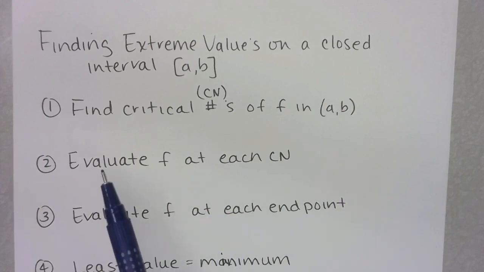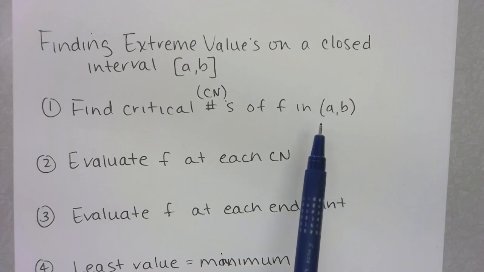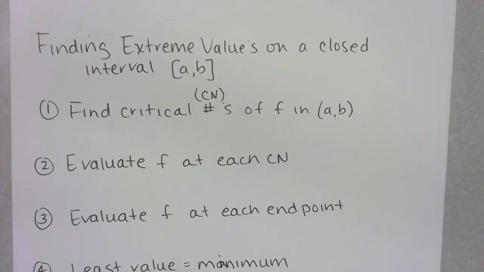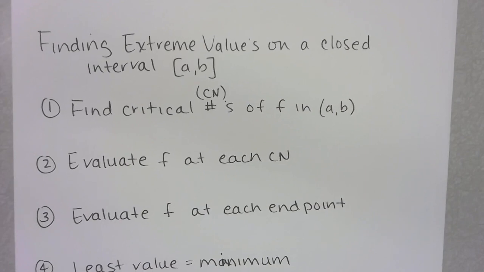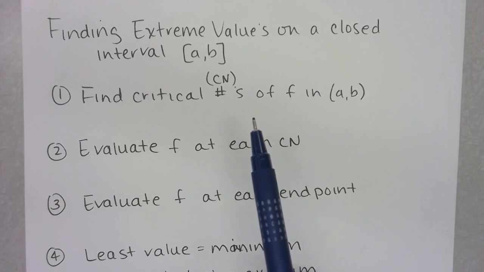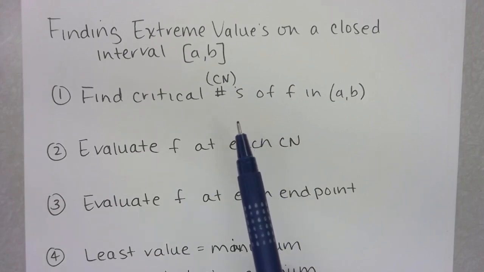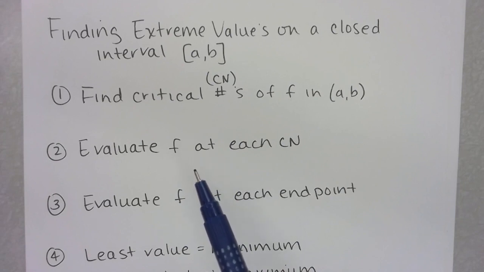Okay, so what we do first is we find the critical numbers of f in [a, b], meaning I'm going to find all the places where my f prime is either equal to 0 or my f prime does not exist. Then we're going to take those critical numbers, those values that make my derivative 0 or make it undefined, and plug them into f and see what we get out for y values.